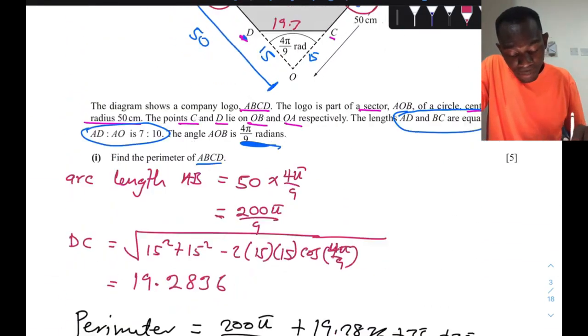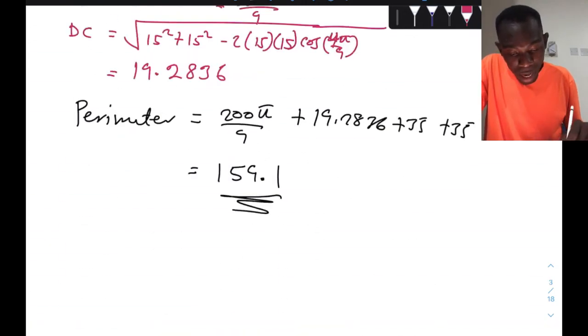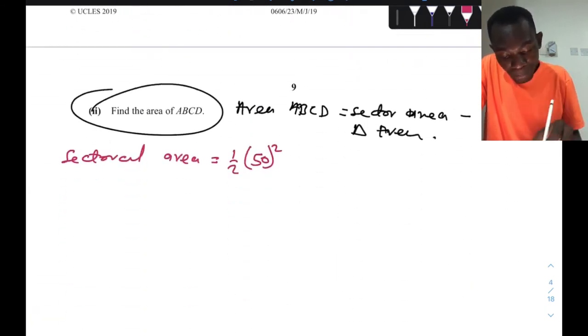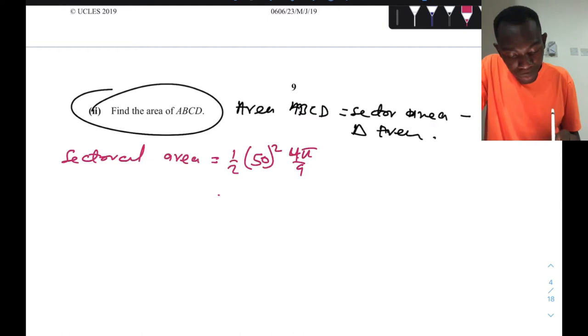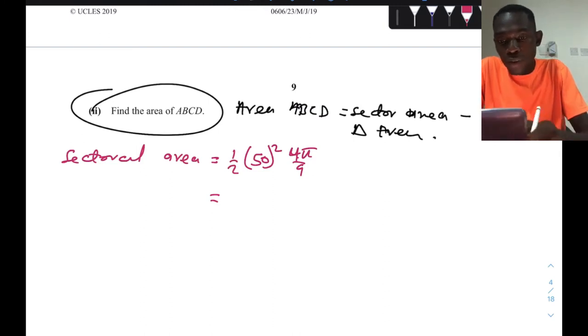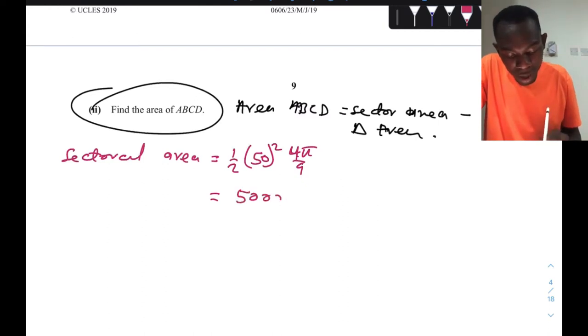And r is 50, and theta is 4 pi over 9. So that will be 0.5 times 50 squared times 4 pi over 9. That will give me 5,000 pi over 9.